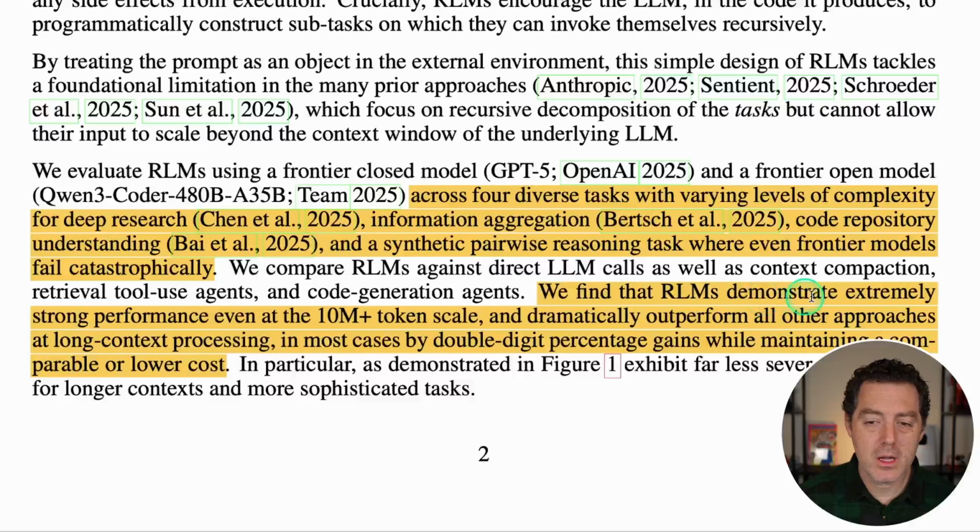We find that RLMs demonstrate extremely strong performance even at the 10 million plus token scale, dramatically outperforming all other approaches at long context processing, in most cases by double-digit percentage gains while maintaining a comparable or lower cost. So it's not only that you get this massive window, it's not only that you get incredible quality, but it's actually less expensive because you're not using more tokens most of the time.